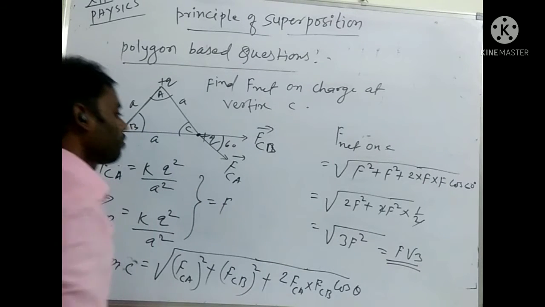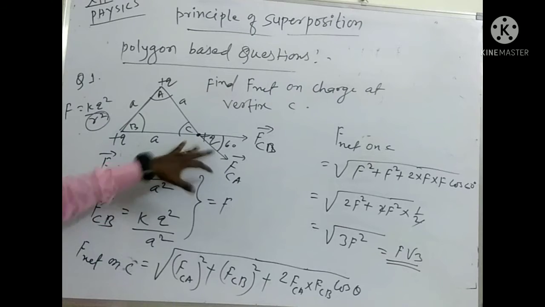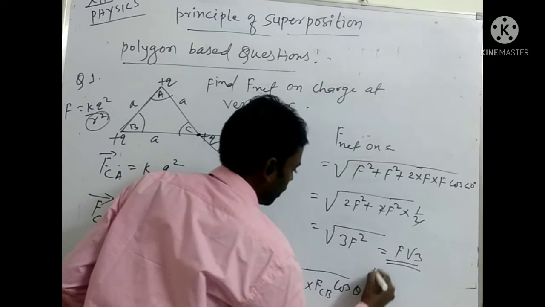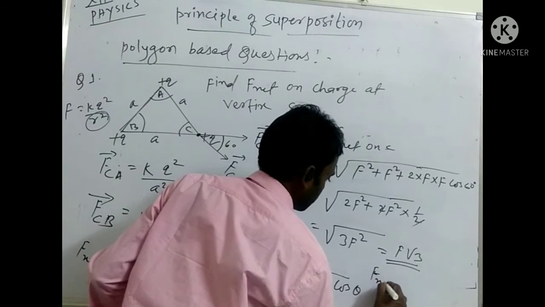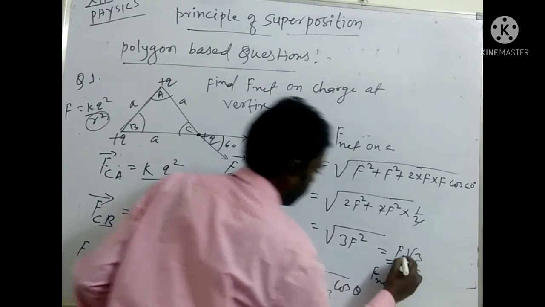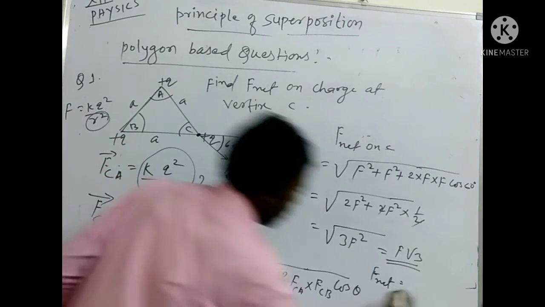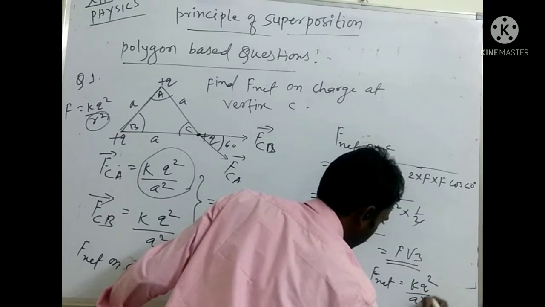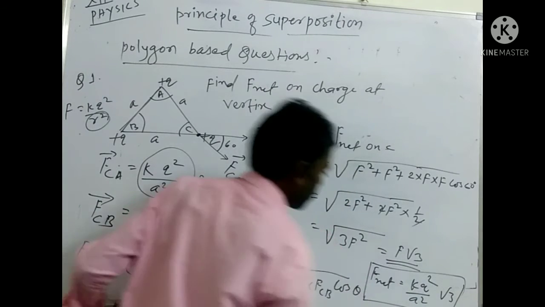This is the net force on charge C. We can write the final answer: the resultant or net force equals F root 3, where F is kQ square divided by a square, so it is kQ square divided by a square times root 3. This is the answer.